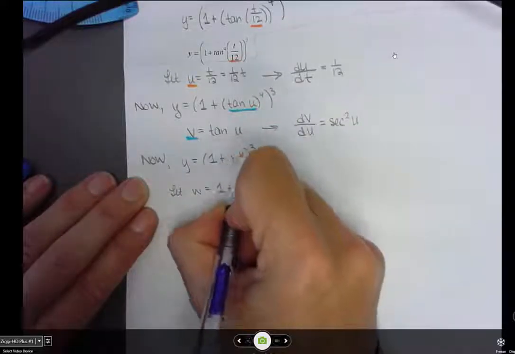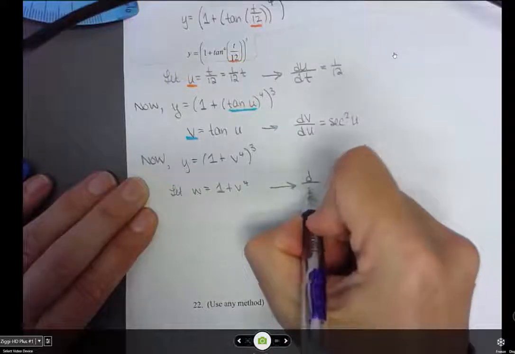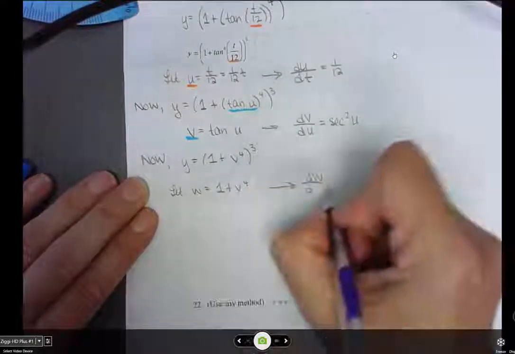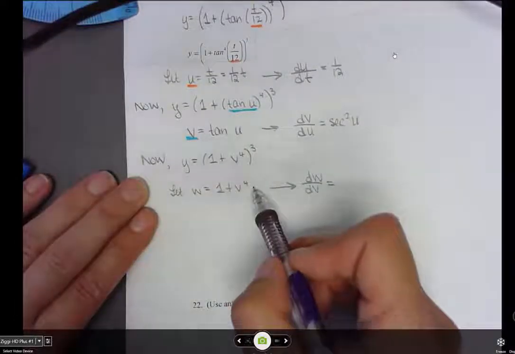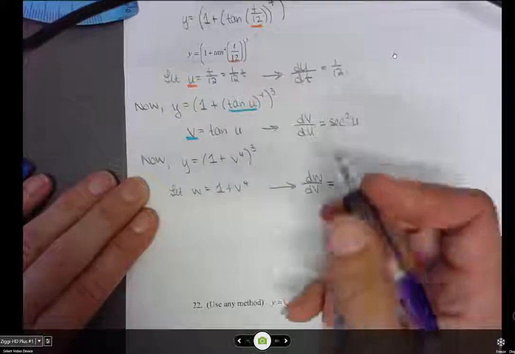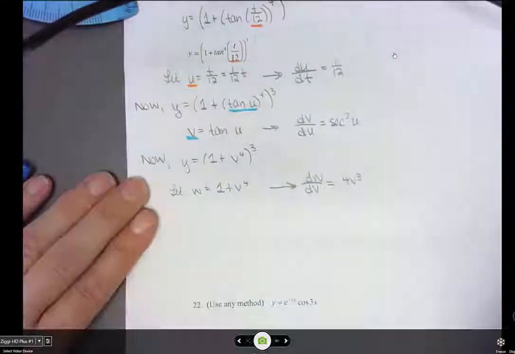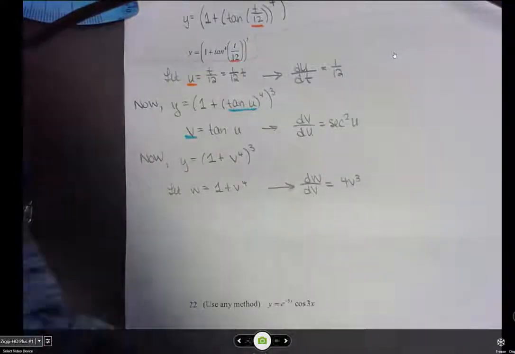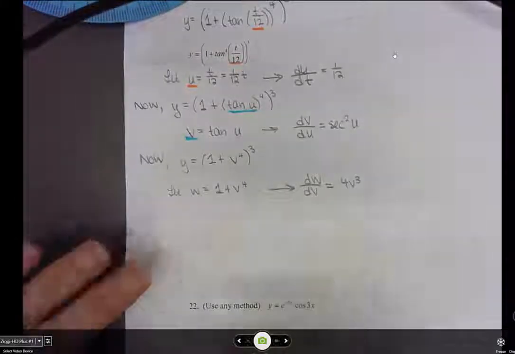As soon as I identify a function, I take the derivative. So w is on the left, v is on the right. And what's the derivative of 1 plus v to the 4th? Well, the derivative of 1 is 0 plus, and then the power rule, 4v cubed. Okay, and then now I'm going to rewrite y using this substitution.